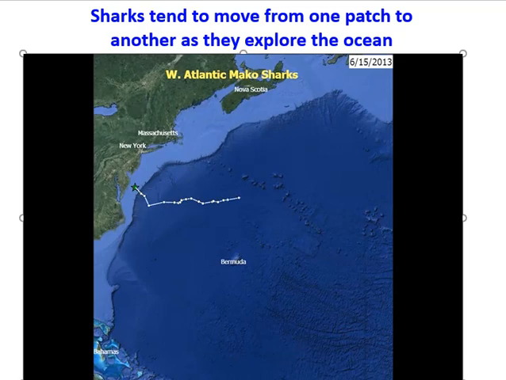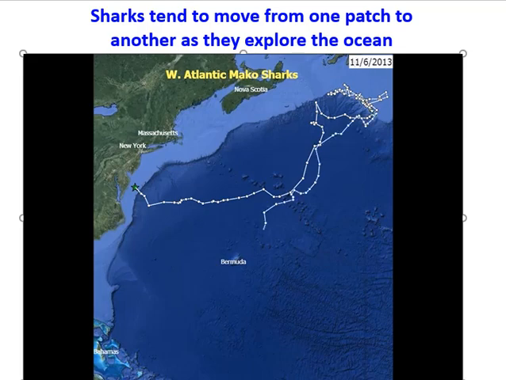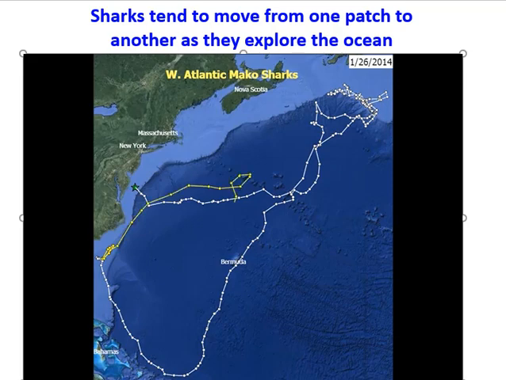So I want to show you again this idea that sharks move from an area where they search. They're searching, probably foraging. There's a rich food supply there. Here's another mako shark that in September is off of Canada. And then in November, it makes this long-distance movement all the way down to the Bahamas, and then back up off of South Carolina, North Carolina. Here it is.